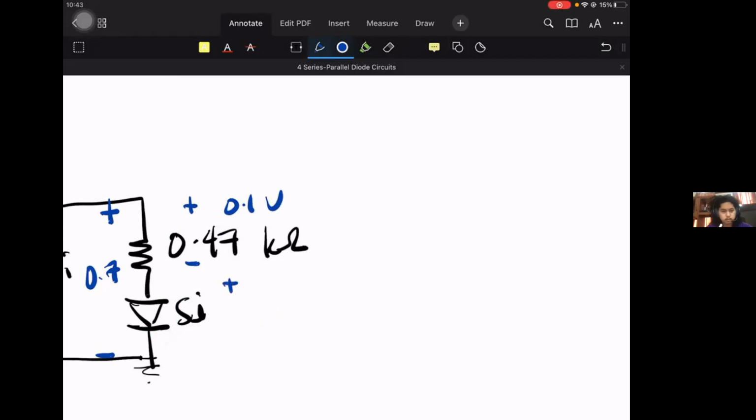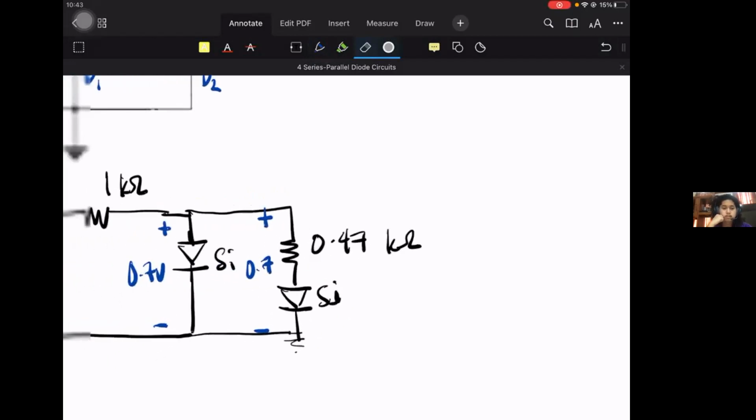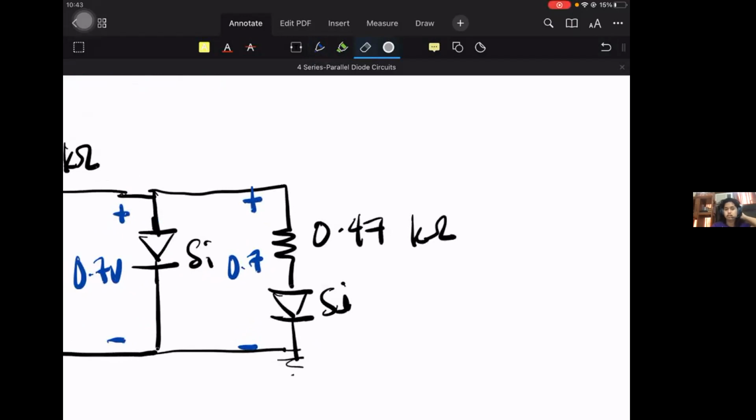So what is left for the silicon is 0.6. In this case, it is still not enough. So either way, the 0.7 volts of silicon diode 1 is not enough to turn on silicon diode 2 because of the 4.7K resistor.